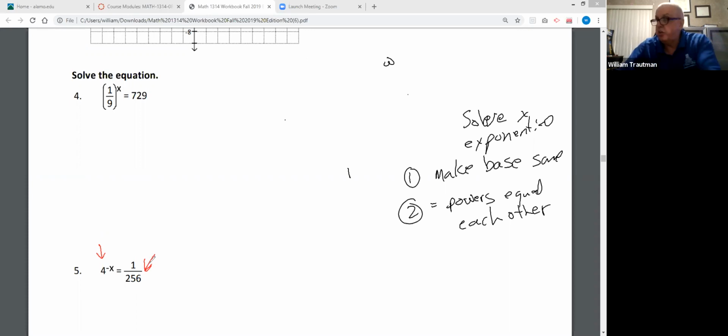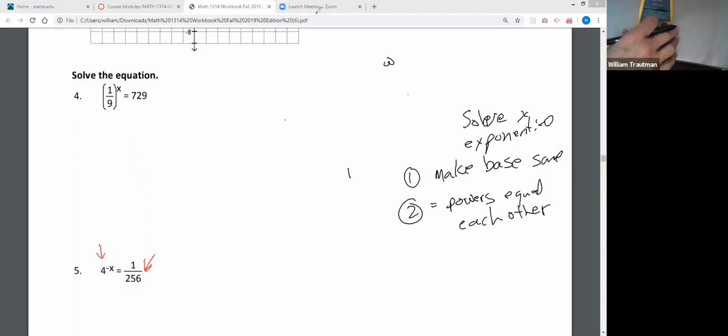So let me show you what I'm going to try out. I'm going to show you the calculator. If you can see it, does it make it bigger?